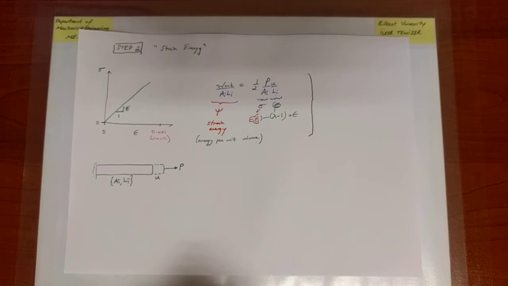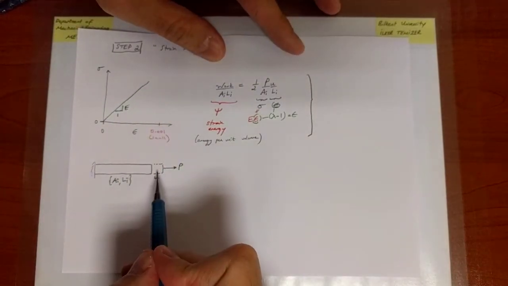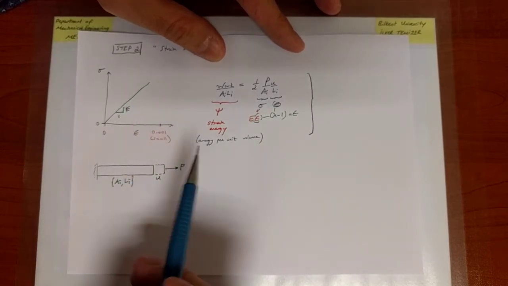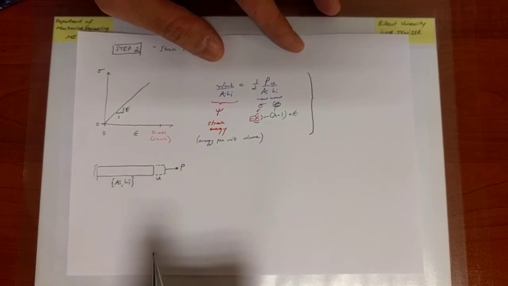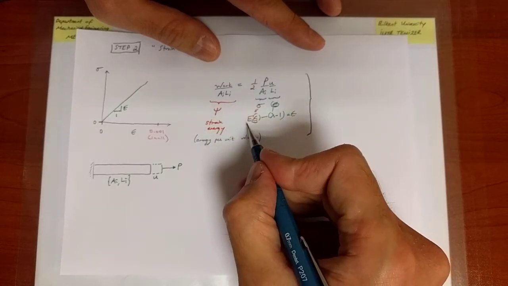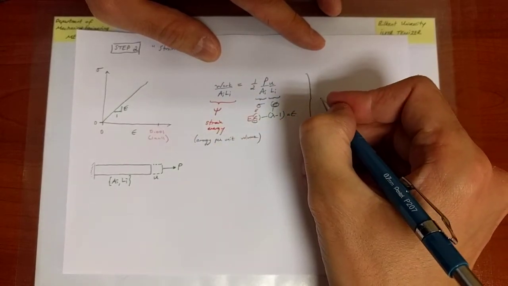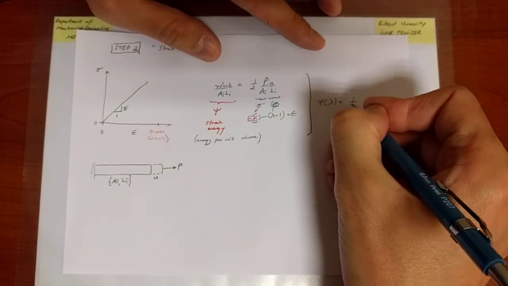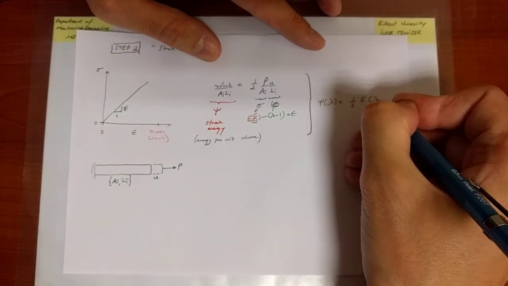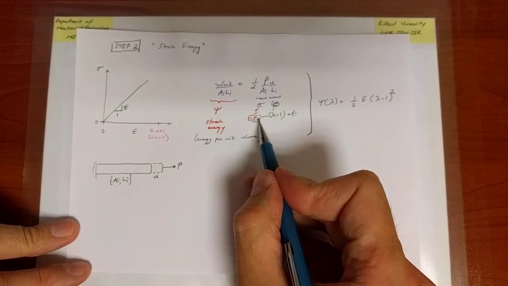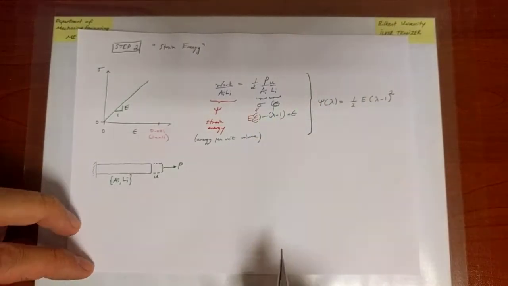Okay, and the expression for that energy per unit volume, if the deformations are small, so that the stress is proportional to the strain or the force is proportional to the amount of elongation, the expression for the strain energy is evidently of the form psi as a function of lambda is equal to 1/2 E (lambda minus 1) squared. So I have an epsilon there, lambda minus 1 squared, and the 1/2 carries over from there.